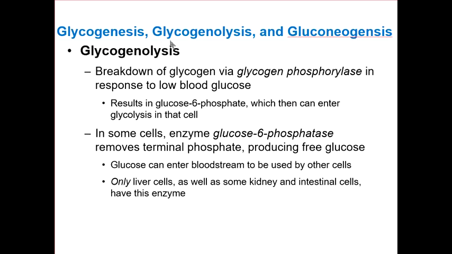Glycogenolysis, well, lysis means break down. So this is the opposite of glycogenesis. Glycogenolysis is breaking down glycogen into glucose, into the simple components, the monomers of glucose, the monosaccharide, where glycogen is the polysaccharide. To break it down, we need the enzyme glycogen phosphorylase.